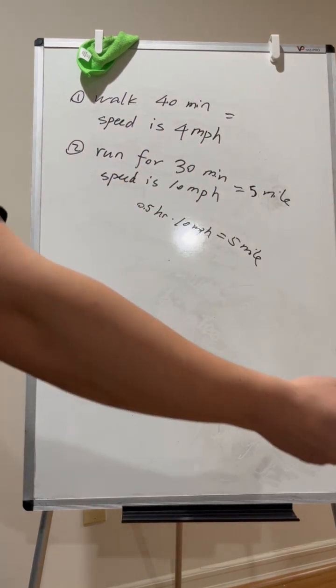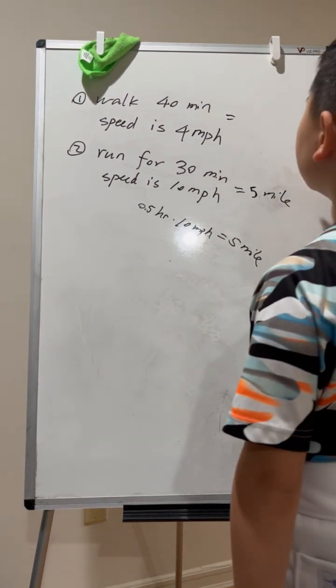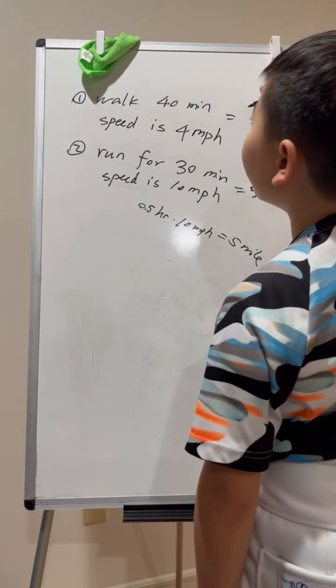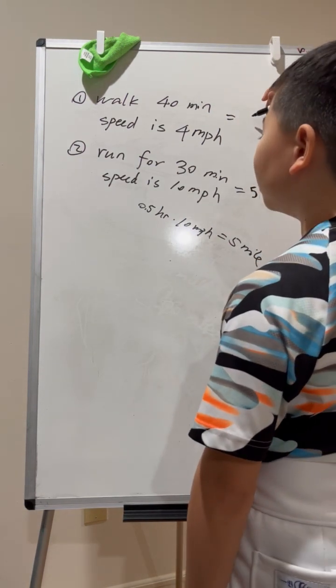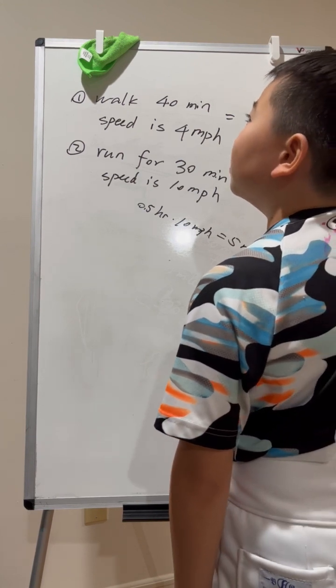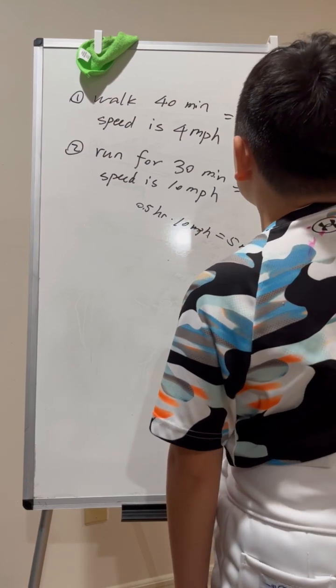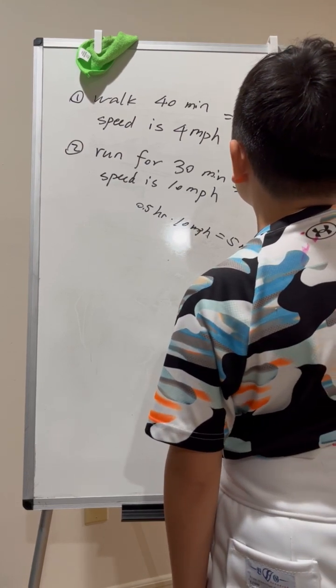You are on the right track. 40 minutes, it's 2/3 of an hour. Write it down, please. 2/3 in decimal. You don't need to write a decimal.